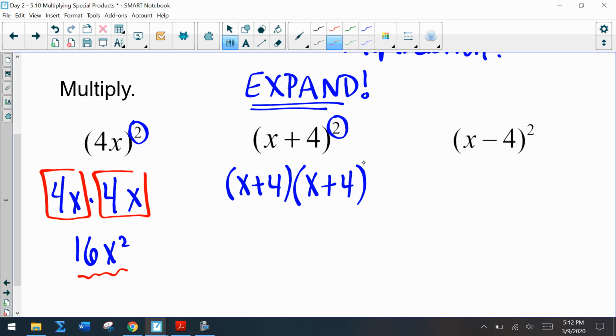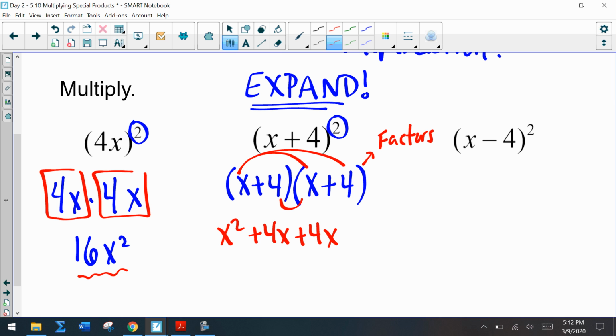So when you expand, notice how you have x plus 4 times x plus 4. So these are your factors. And when you multiply them, you use what method? You can use the FOIL method like you practiced last night for homework. So when you multiply your first terms, you get x squared, outer terms plus 4x, inner terms plus 4x, last terms plus 16.